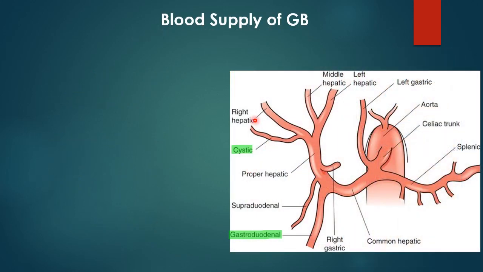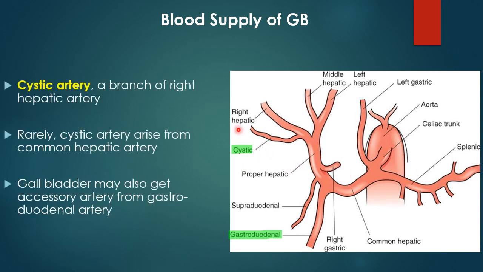Now to the blood supply of the gallbladder. The gallbladder predominantly receives blood supply from the cystic artery, and this cystic artery comes from the right hepatic artery at the middle of Calot's triangle. This right hepatic artery in turn comes from the common hepatic artery, the celiac trunk, and finally it originates from the abdominal aorta.